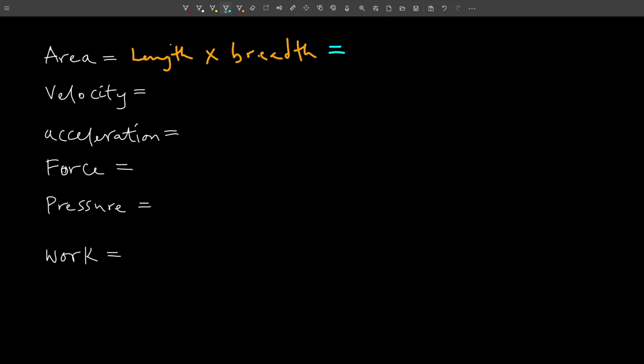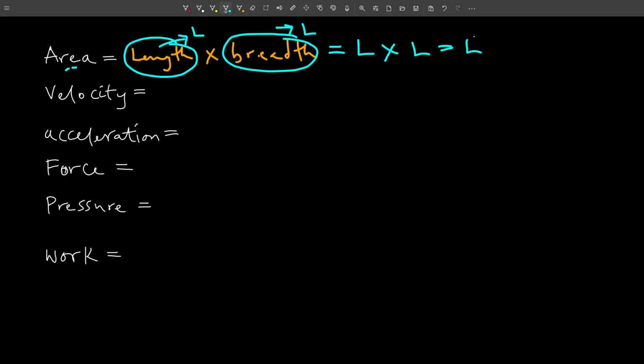Don't forget that the dimension of length is L. And the dimension for breadth is also talking about distance, about length, so it is also L. So the dimension of area will be L times L, which gives me L square. As simple as this. You can see this L square is telling us the relationship between the fundamental quantity length and the derived quantity area.